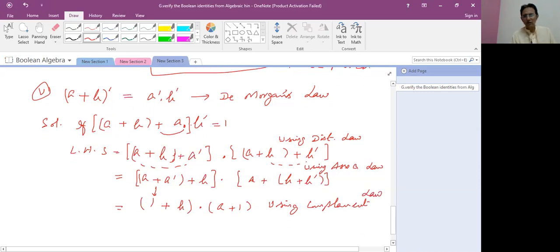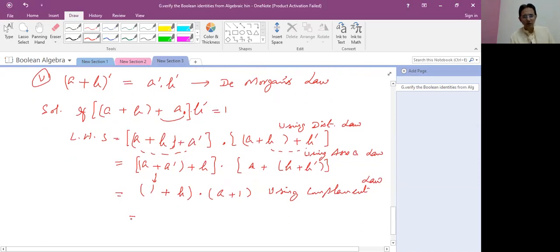So in the next step, student, 1 plus b is equal to 1 and a plus 1 is equal to 1 plus a is equal to 1 using boundedness law. So 1 dot 1 is equal to 1 using identity law.